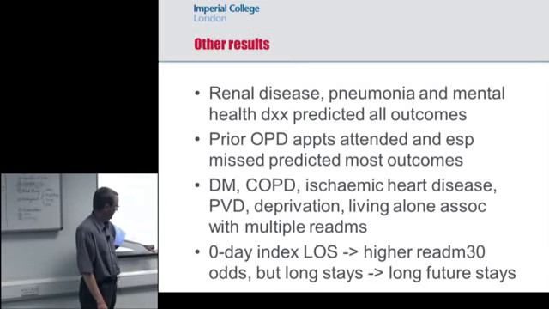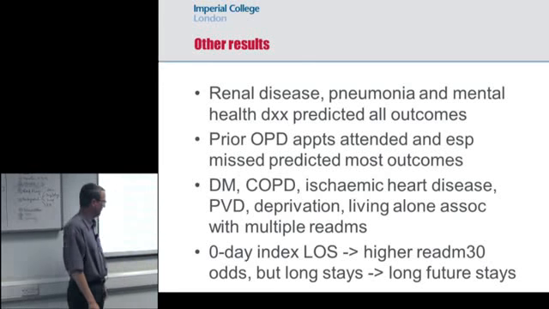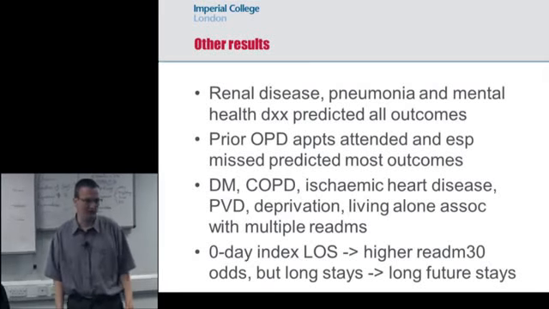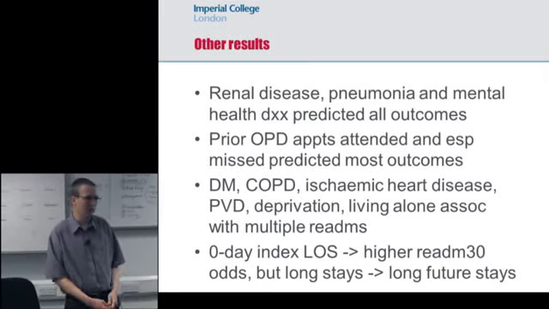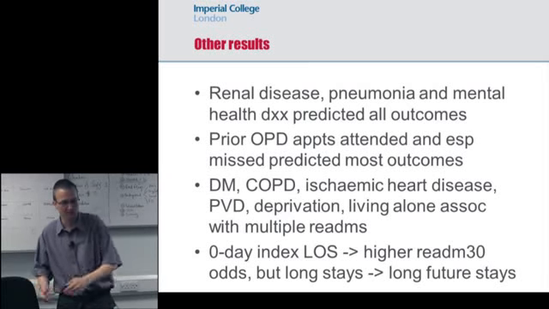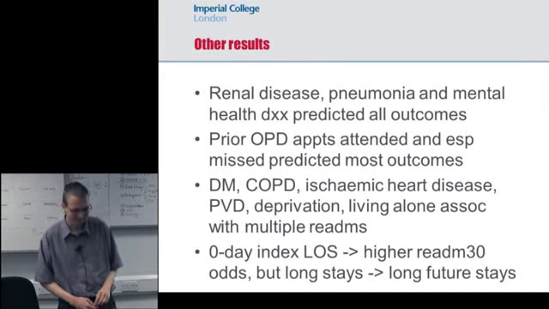But it turns out that those who have long index stays go on to have long future stays. That's in a way kind of obvious. If you stay long once, there's presumably quite a lot wrong with you. Therefore, you come in again, you're going to stay a long time again in general.